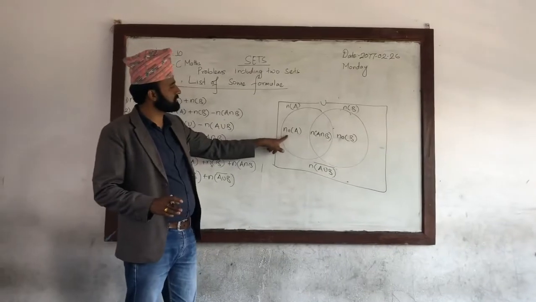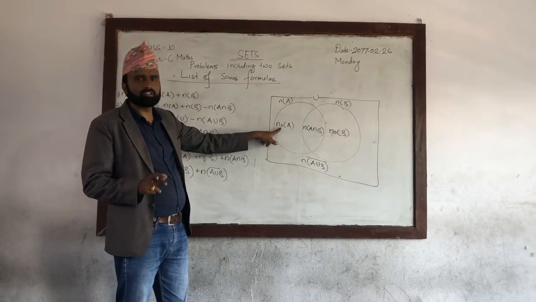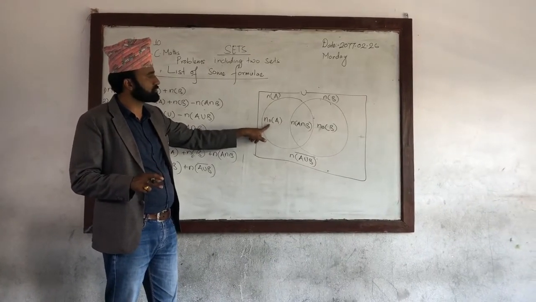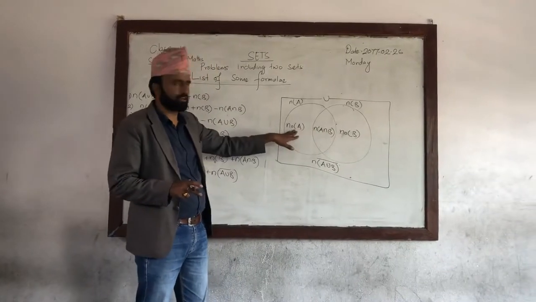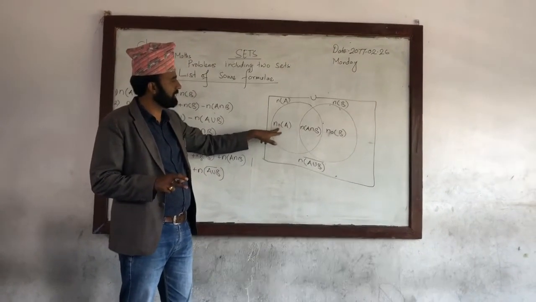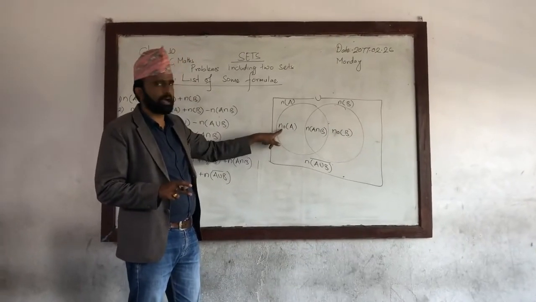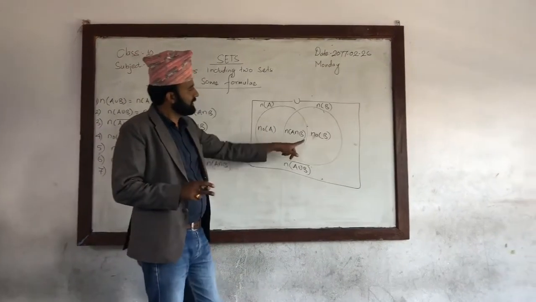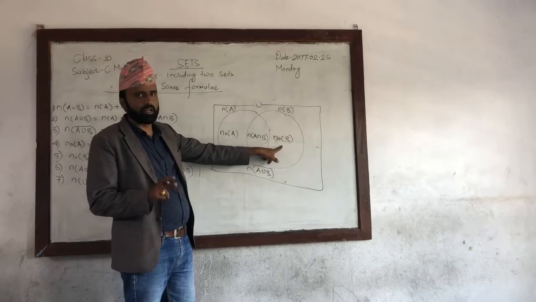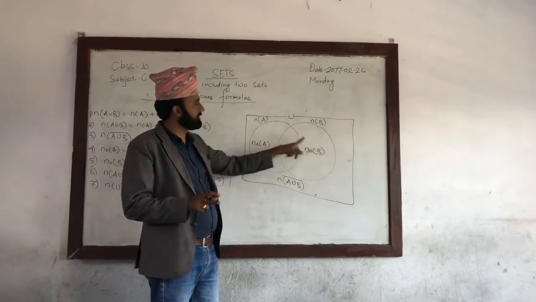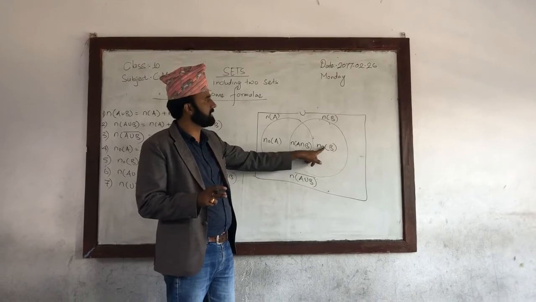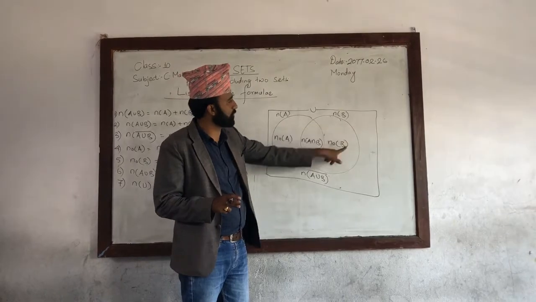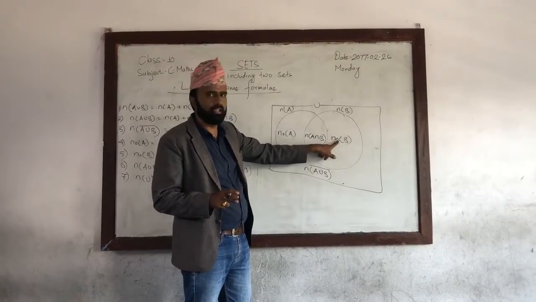And this portion belongs only to set A. This portion does not belong to set B, only to A. That is why this portion is denoted by n(only A). Similarly, this portion does not belong to set A. This portion belongs only to set B. That is why we denote this portion as n(only B).